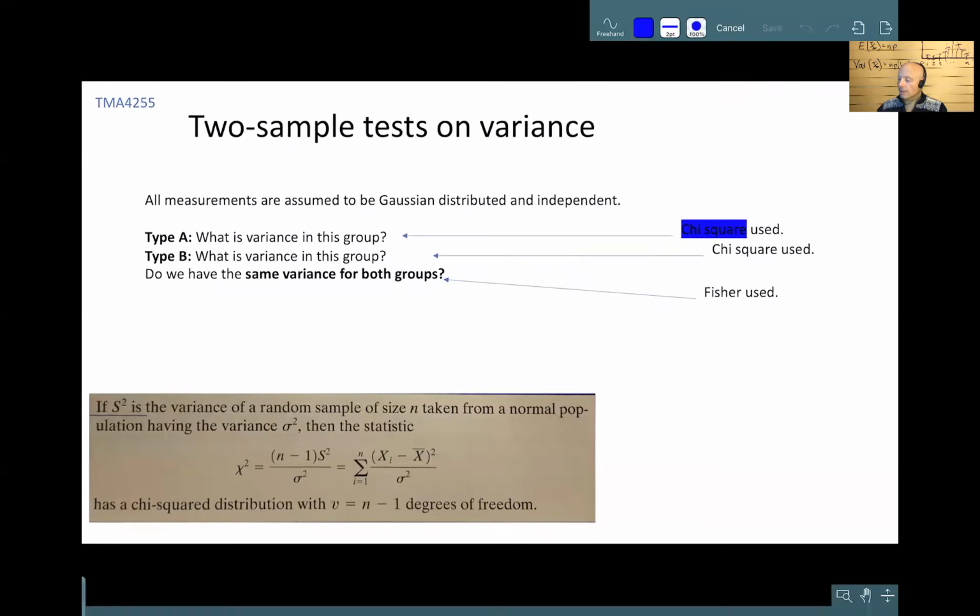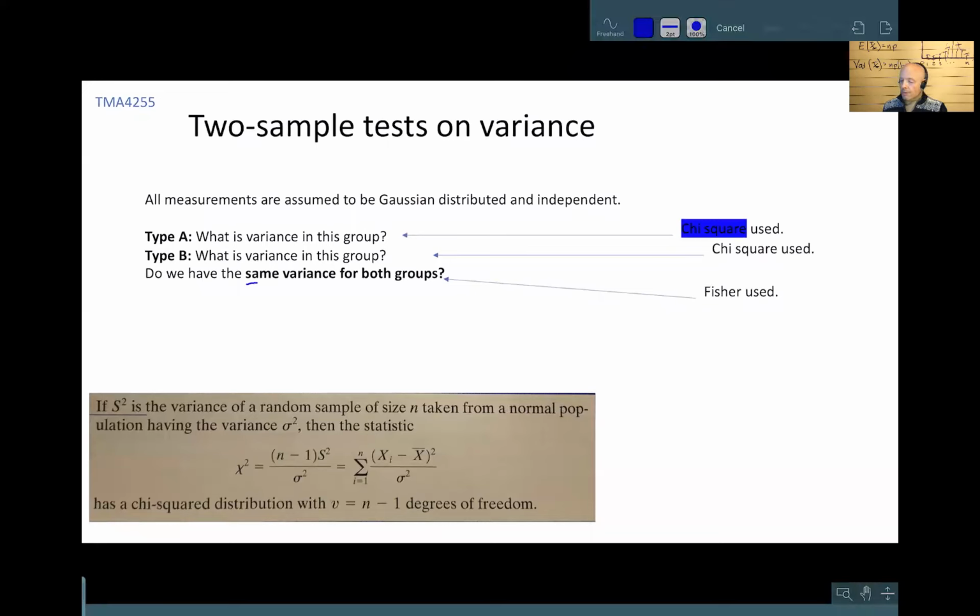If we want to compare whether two variances are the same in the two groups, we use a Fisher distribution. This Fisher distribution is related to the chi-square. It's actually formed by the ratio of two chi-square variables.